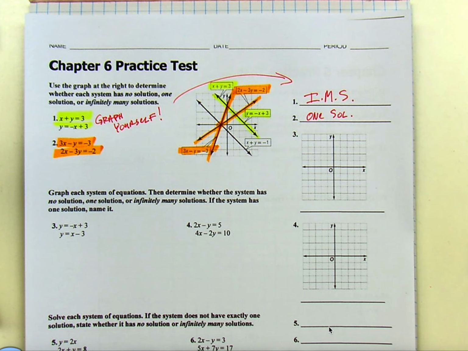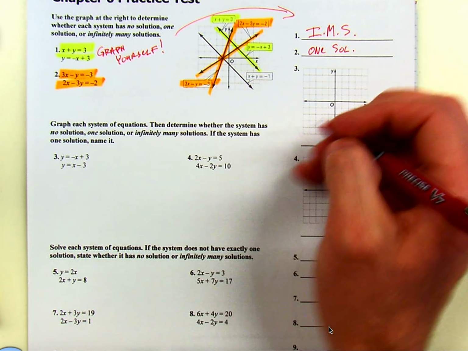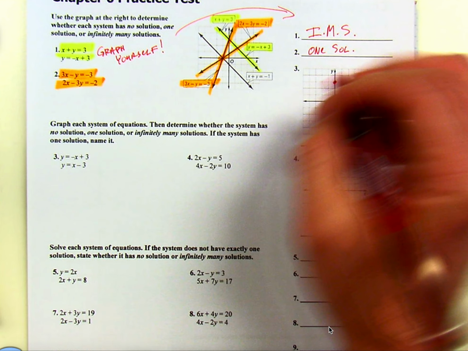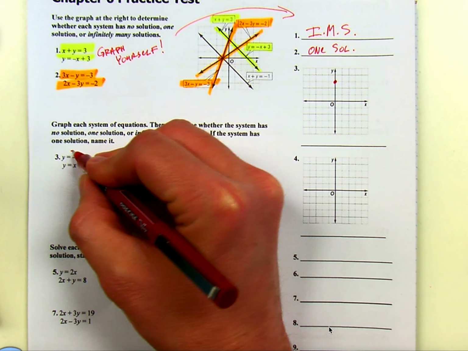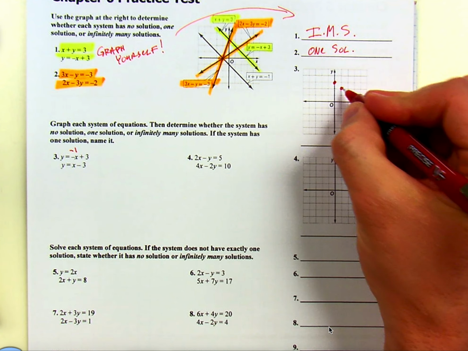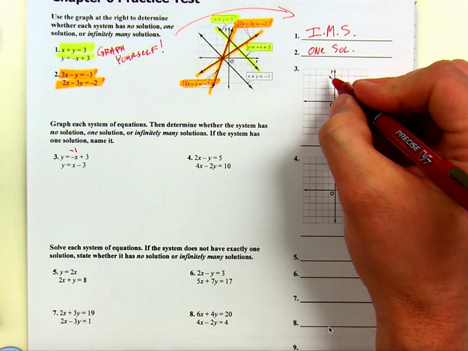No problem. Speaking of which, number 3 and number 4, we're gonna do just that. We're gonna graph and then solve. So on number 3, we're gonna start at positive 3 for our first y-intercept. We're gonna have a slope of negative 1. So I'm gonna go down 1 over 1, down 1 over 1, and I'm just gonna make a bunch of dots to kind of show where this line would go.